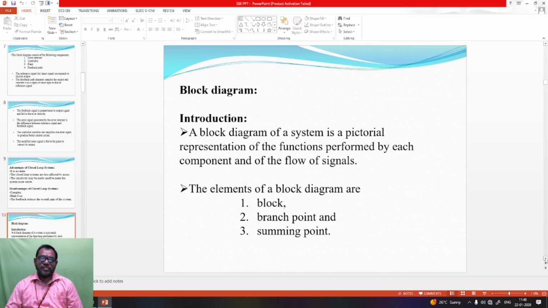And the flow of signals is also shown from the input to output. The elements of the block diagram are block, branching point and summing point. These are the three elements used in the block diagram for the reduction method.